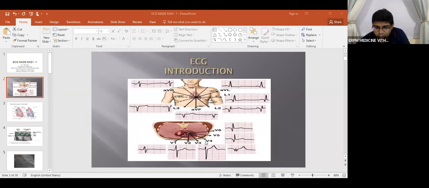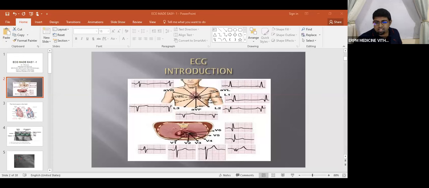So what you do is you put some leads on your chest. By putting these leads, you are trying to look at the electrical activity of the heart.